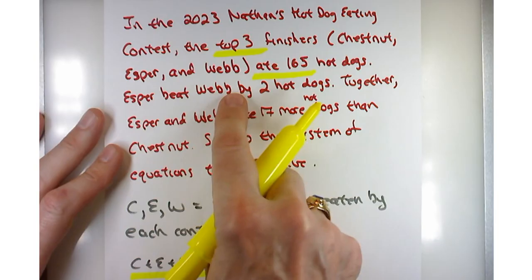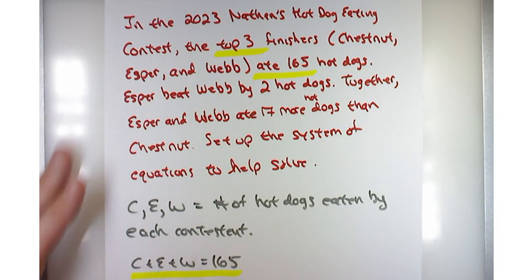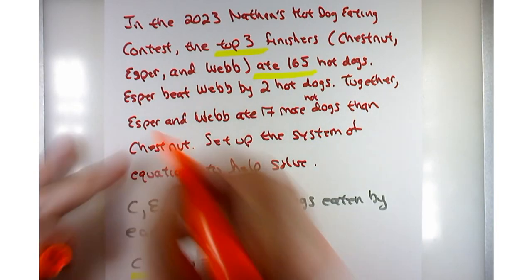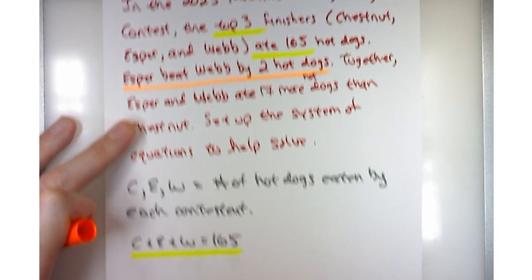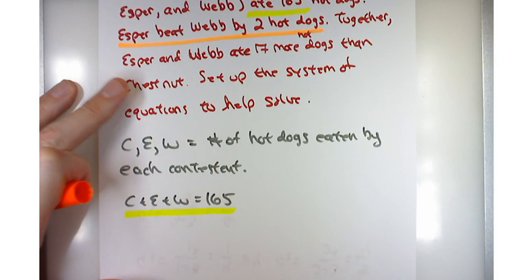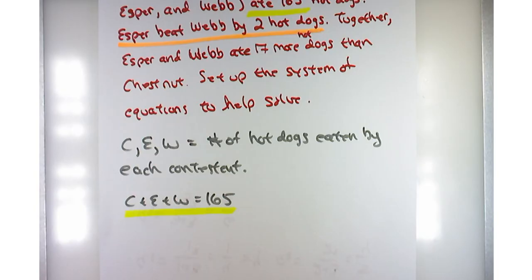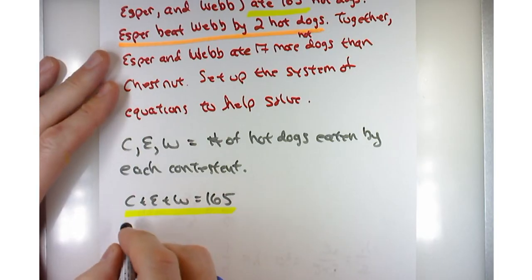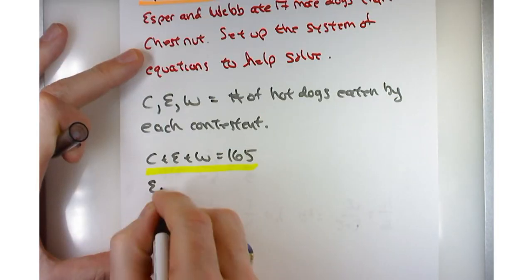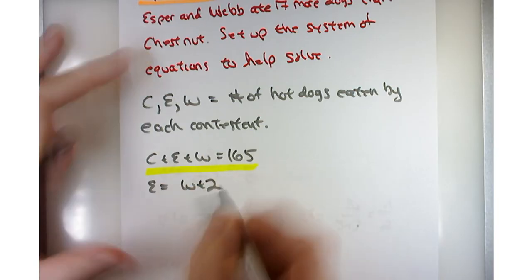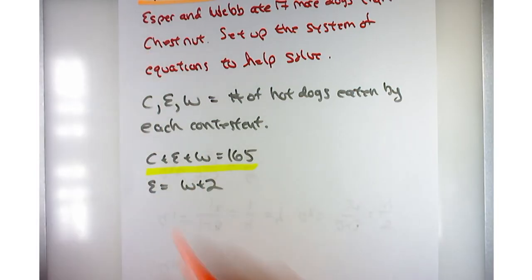Esper beat Webb by 2 hot dogs. That sounds like another one. E equals W plus 2. Yeah, thank you, Alan. So 2 more than W gives you Esper. E equals W plus 2. Beautiful.